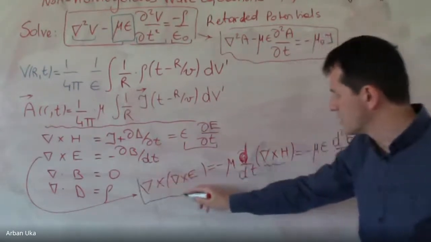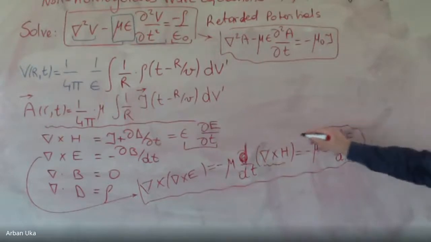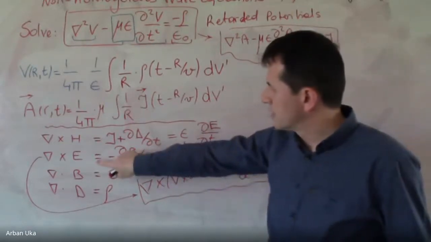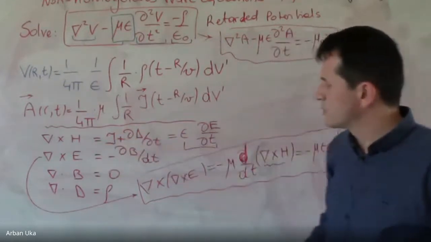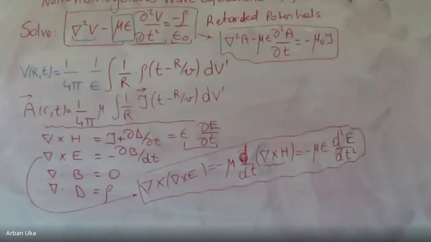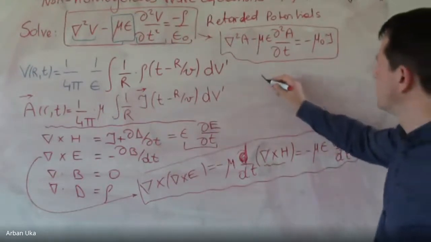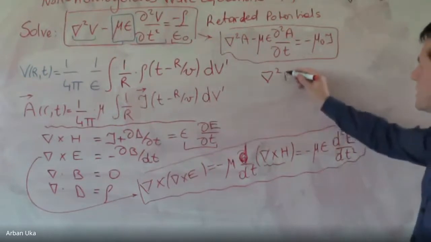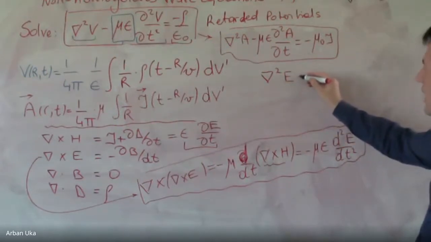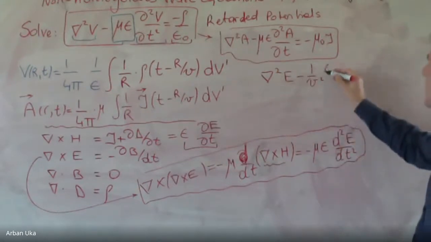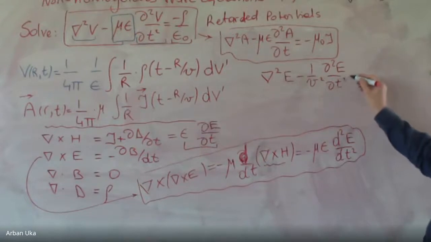Okay, so this is what we get here, and finally we can use a couple of approximations and vector properties. Looks like combining the first and the second of the Maxwell's equations, or combining the two curls, the equation that we are going to get will be the following. We get the Laplacian of the electric field minus 1 over the velocity squared times the second derivative of E with respect to time.